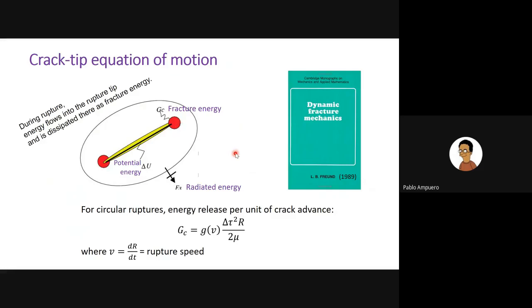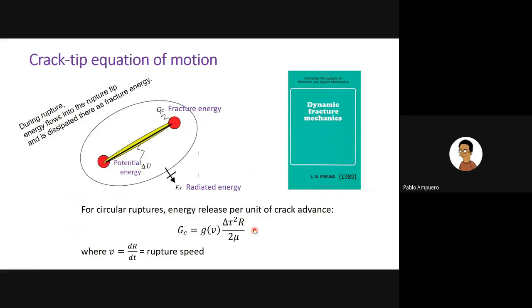So for circular ruptures, it is well established mathematically, mechanically, that this energy balance can be written in the following way. So we have this fracture energy, which is the energy that can be dissipated by the fault, and is equated to the energy release rate per unit of crack advance.